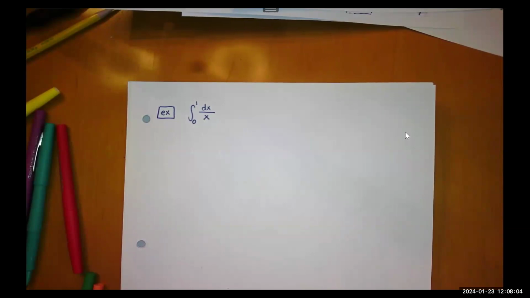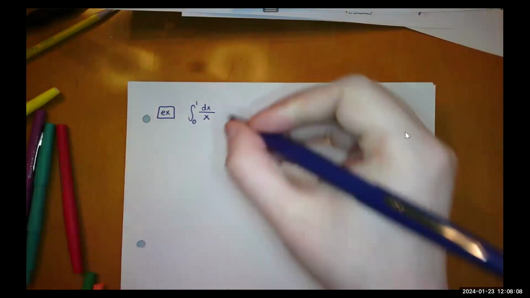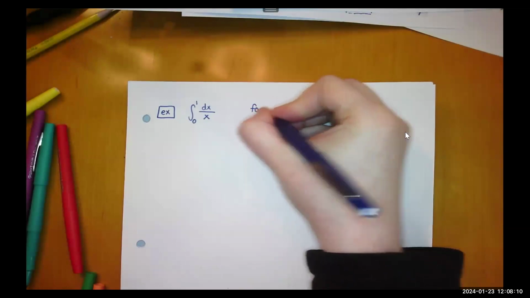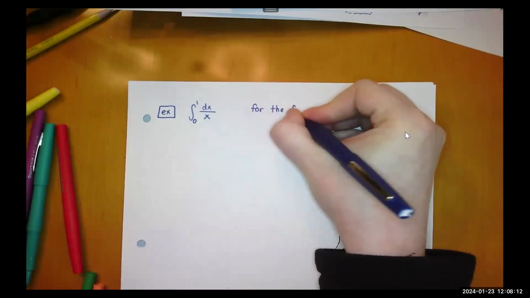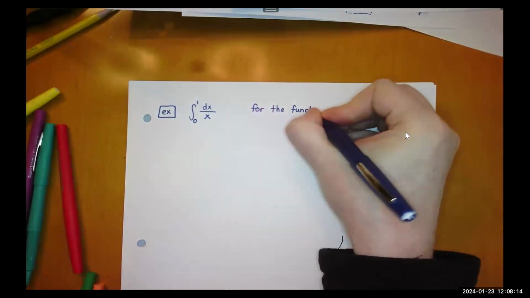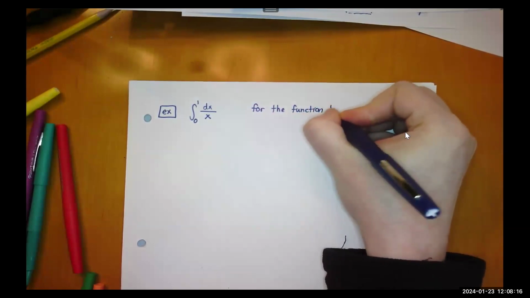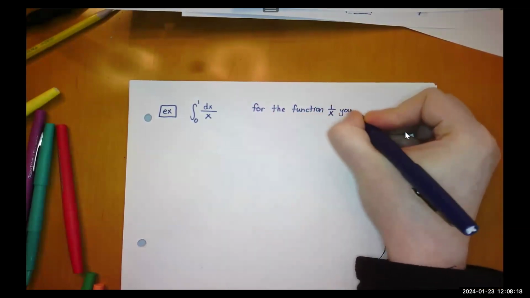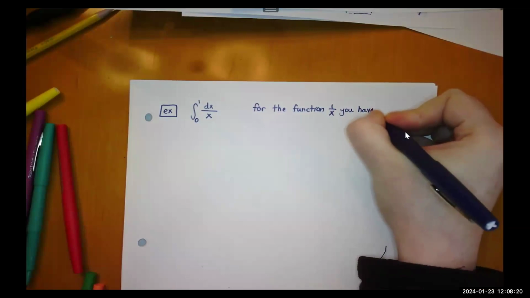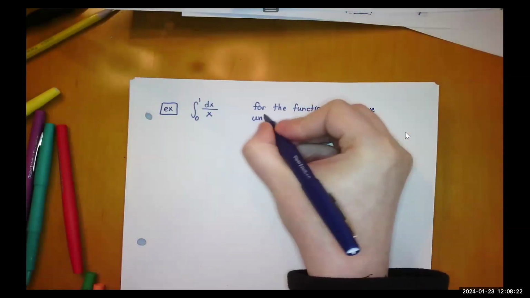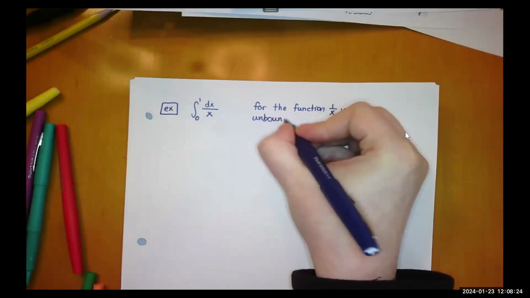But this is an example of an improper integral because for the function 1 divided by x, you have unbounded area approaching 0.